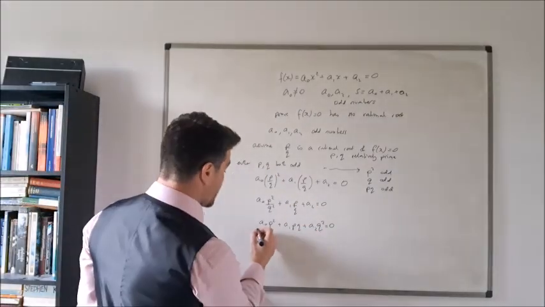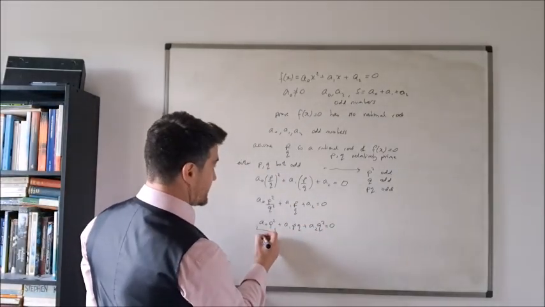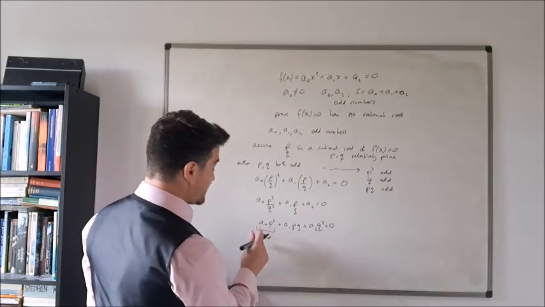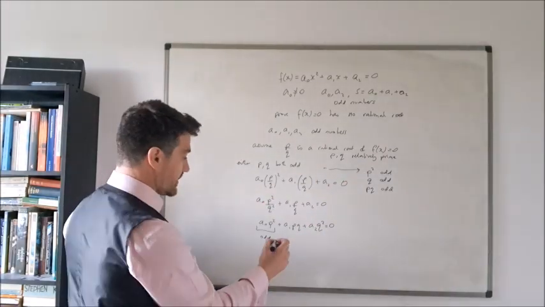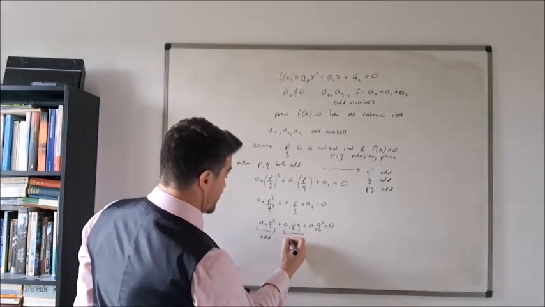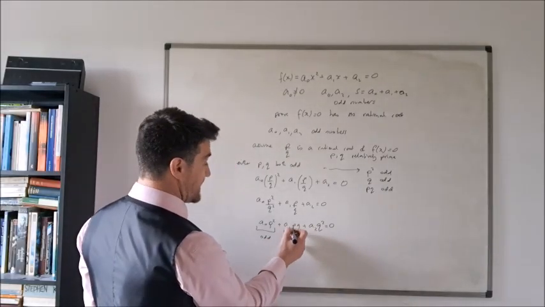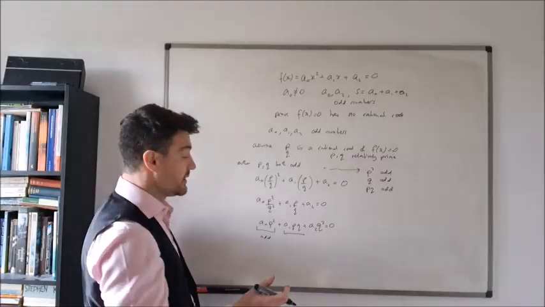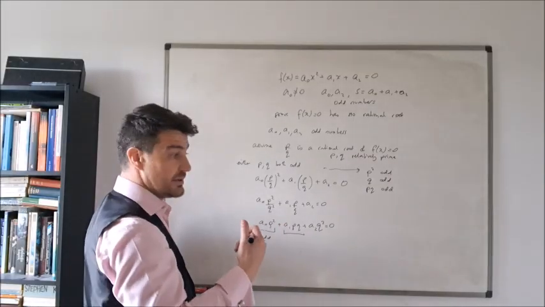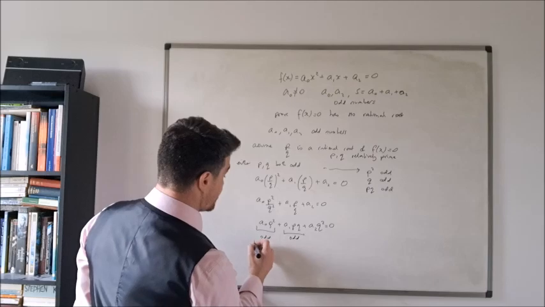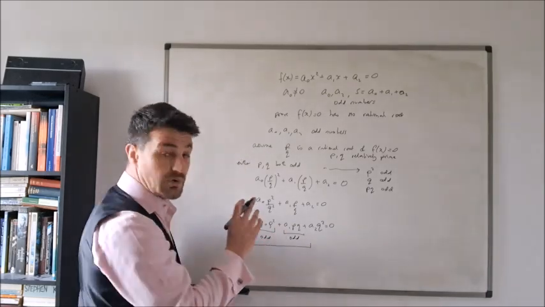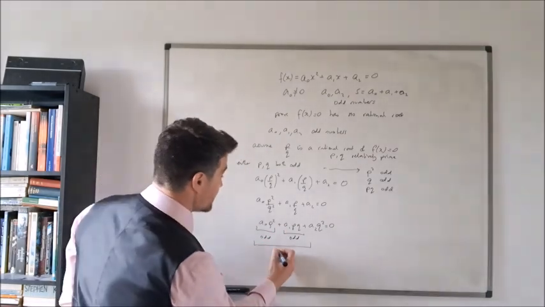So in particular, A0 times P squared is going to be odd because it's an odd number, A0, times an odd number, P squared. Therefore, A1 times P times Q is also odd because A1 is odd and P times Q is odd. So that means that A0 P squared plus A1 PQ is going to be even.